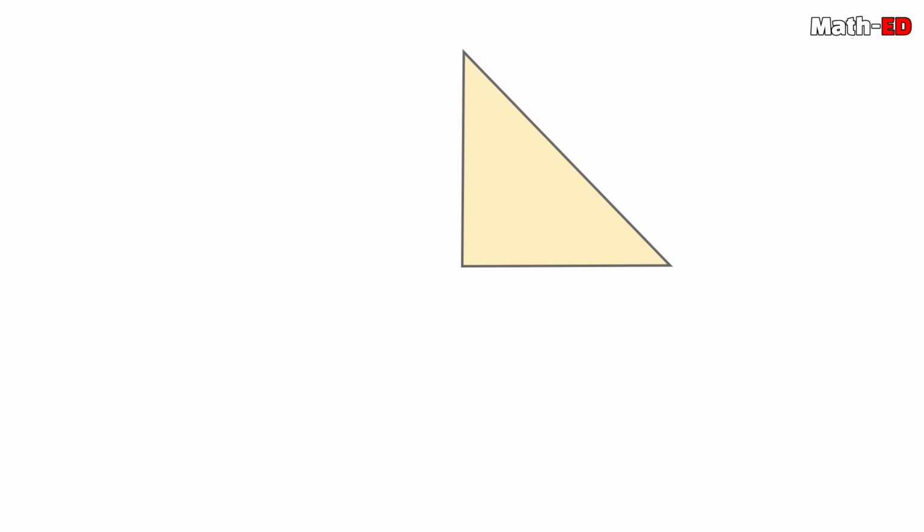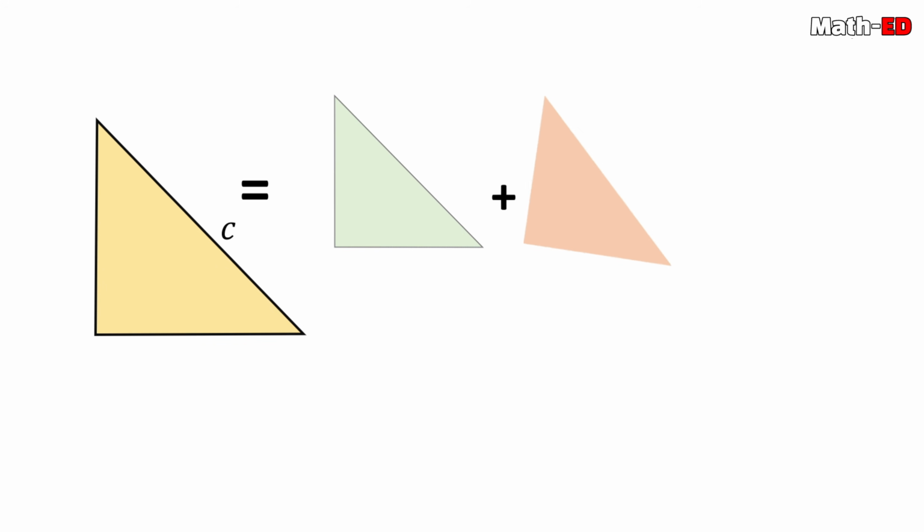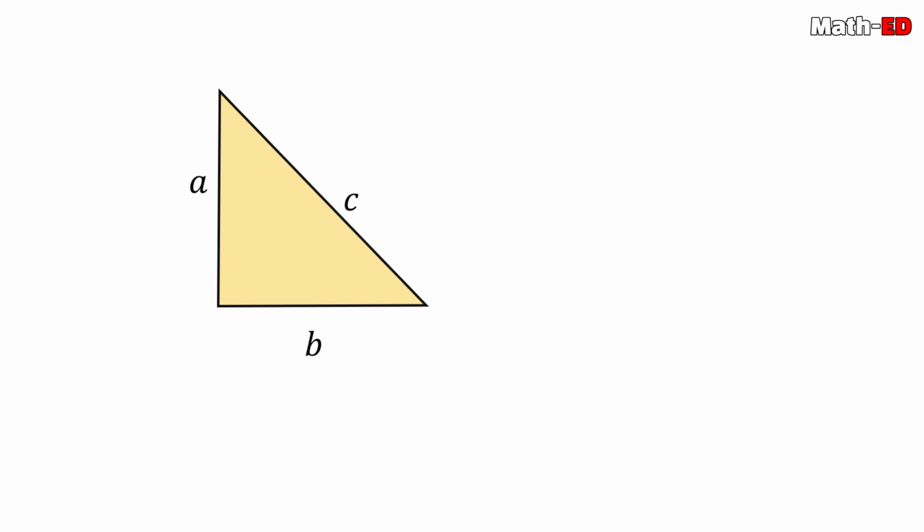Suppose this is our given right angle triangle whose side lengths are a, b, c. Now drop a perpendicular. In this case, we can see two more right angle triangles. The area of the main right angle triangle is equal to the sum of the areas of the green triangle and the red triangle. Let's go back to the main triangle.